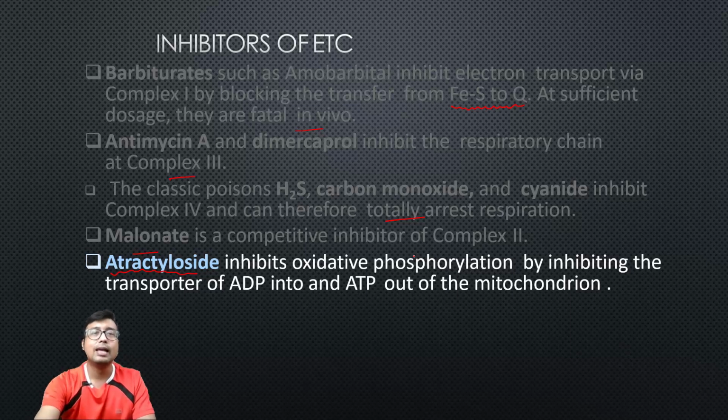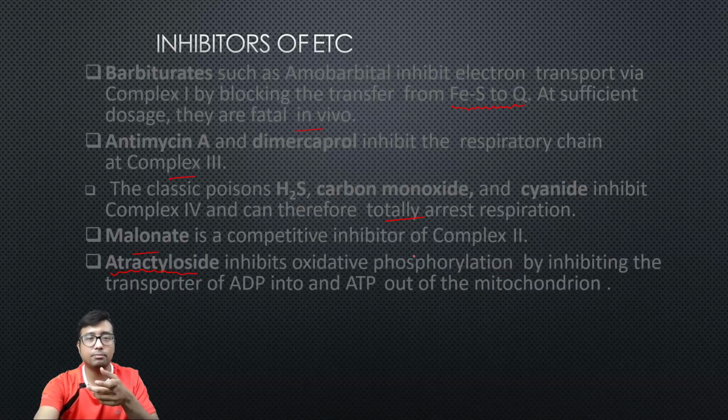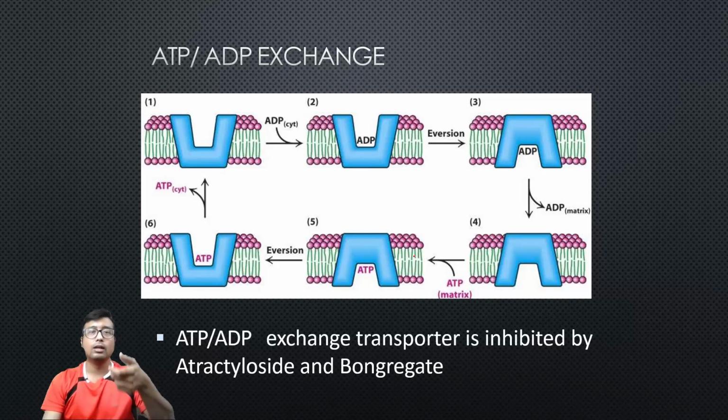Atractyloside actually inhibits that. There is an exchanger, the ATP-ADP exchanger, that performs in a flip-flop mechanism. So ATP binds to one side, it flops, it everts, and then the ATP is delivered to the inner side. And similarly, ADP binds to the other side and then it again flops. So it's a flip-flop mechanism.